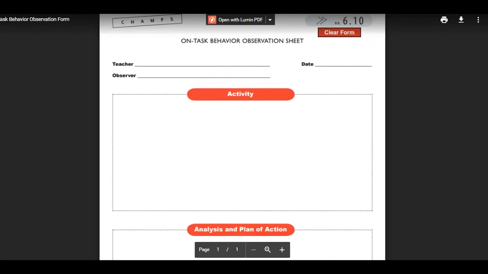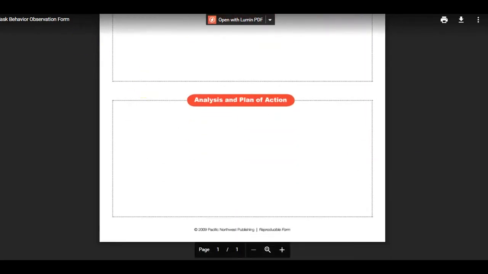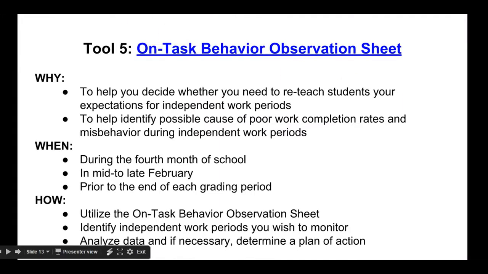And basically you're going to come back at the end of that and analyze the data to see if in fact 80% of the students are on task for most of the time samples. And if they are or they aren't, you can discuss that with your colleague and determine a course of action moving forward.